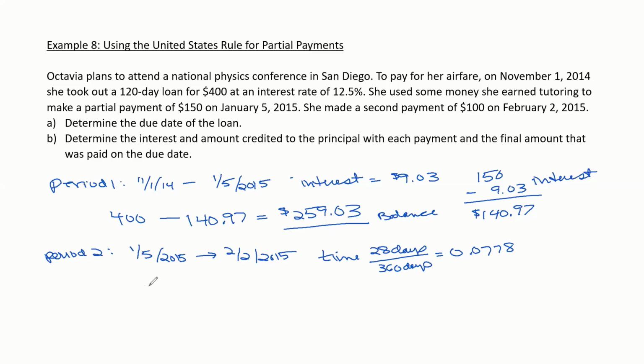So we go into our simple interest calculator with this time. Our principal is the new principal of $259.03, and our rate is still 12.5%. So let's go to the simple interest calculator.